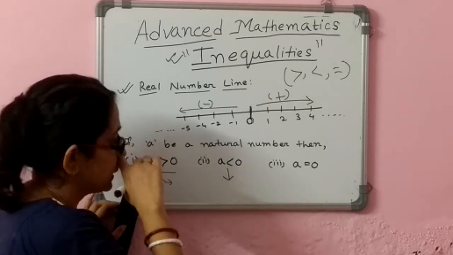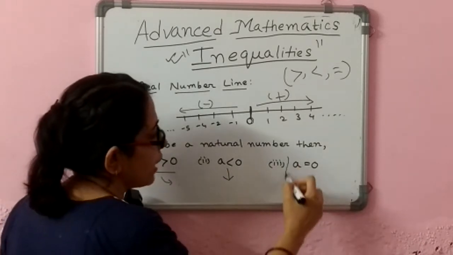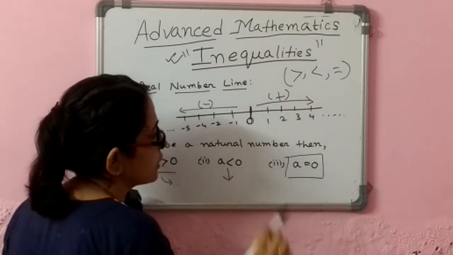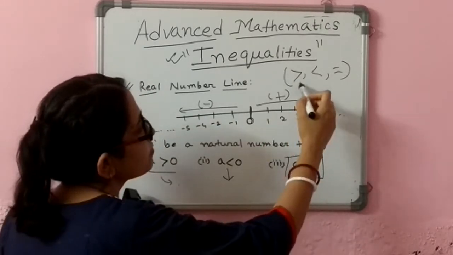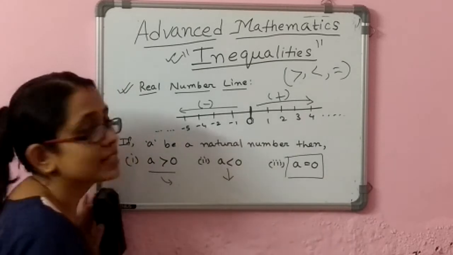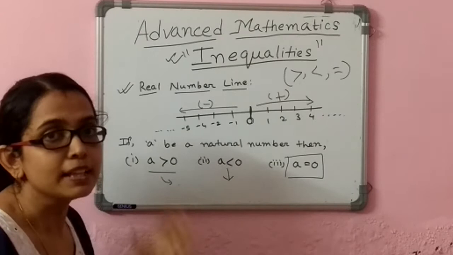Less than 0 then it will be a negative integer or negative natural number, or the last option is it will be equal to 0. So these three symbols are being used to represent any natural number while placing it in the real number line.